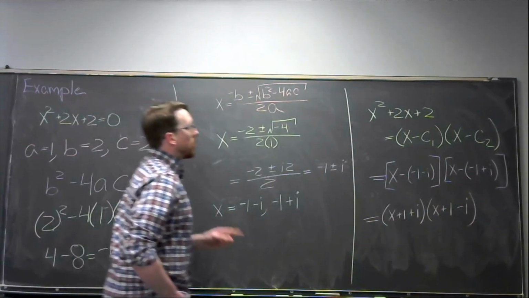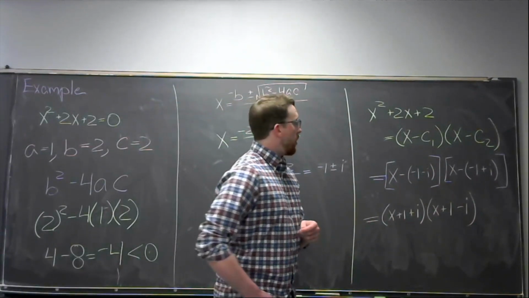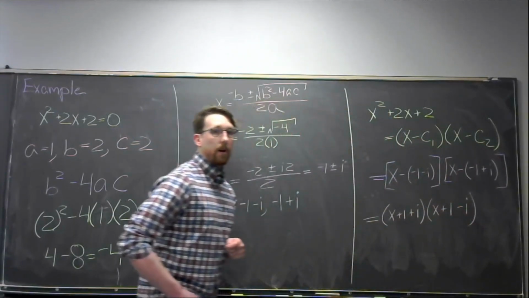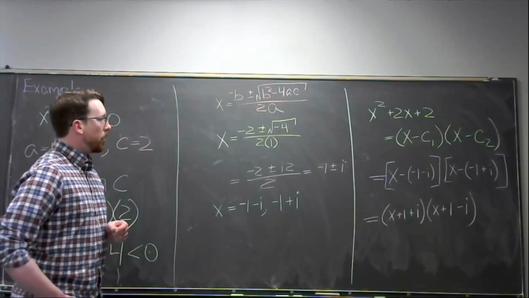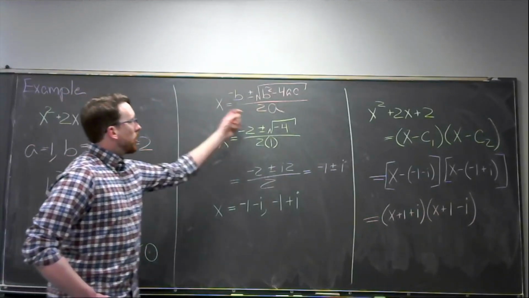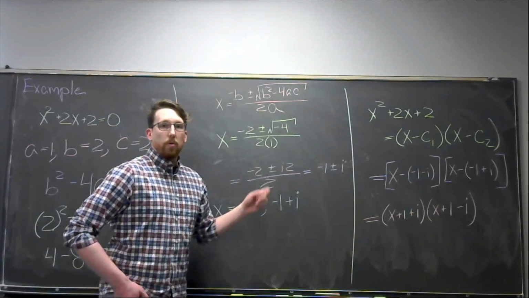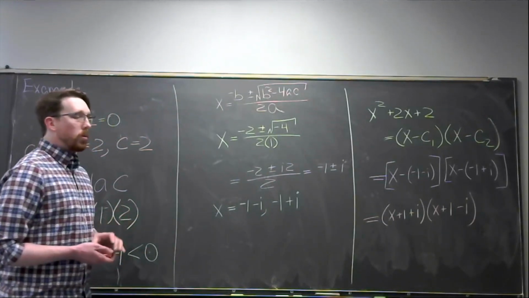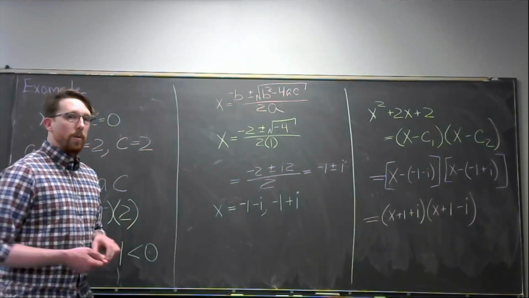And again, that's because by linear factorization theorem, c1 and c2 have to be zeros of our polynomial. And that's what the quadratic formula solves for. Cool. Let's keep plugging away.